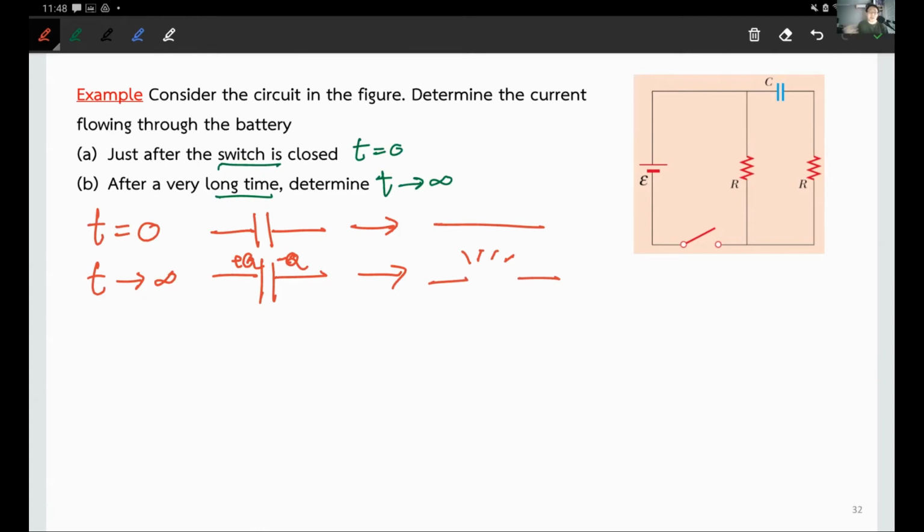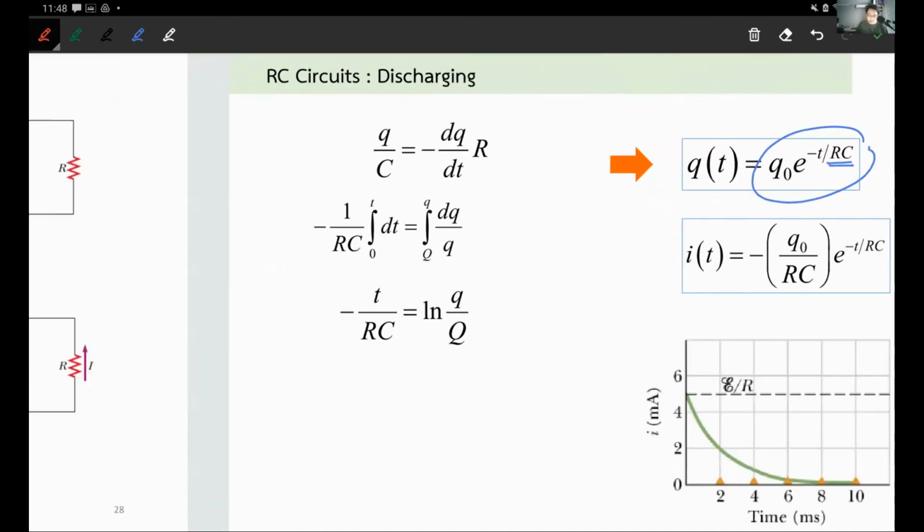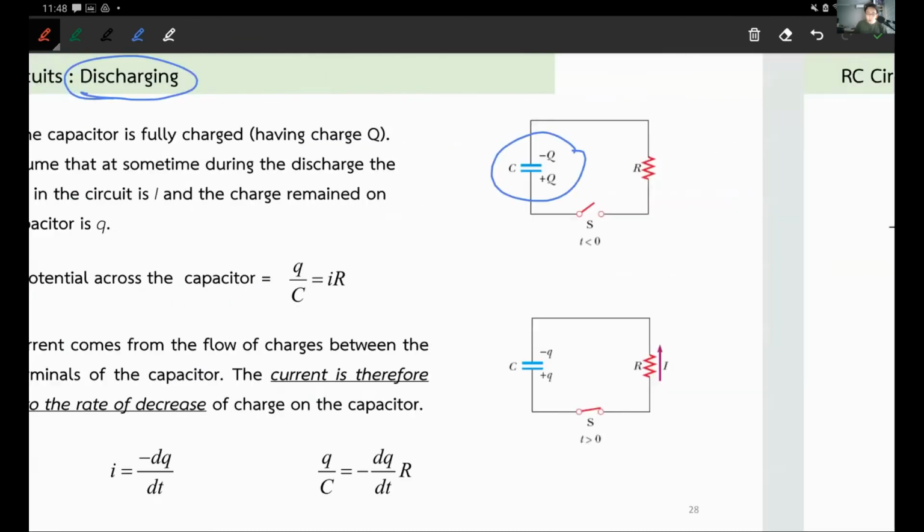If you understand these extreme conditions, what is happening at the starting point and what is happening at the end point when t approaches infinity, those are the two extremes. And the function connecting the initial point and the infinity point is just exponential. That's the whole point.